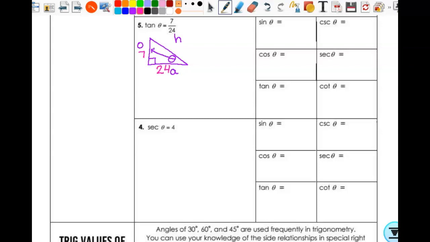Okay, so then I also need my hypotenuse, so I can do Pythagorean theorem again. So I'm going to do 7 squared plus 24 squared equals h squared. I'm just going to tell you in the end, h is 25 because this is a Pythagorean triple. If you don't know that, then that's fine. You do Pythagorean theorem and you figure it out.